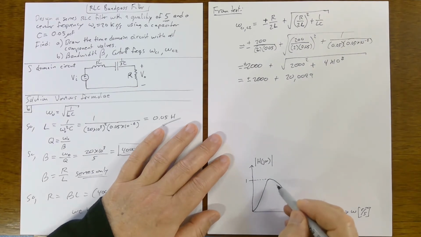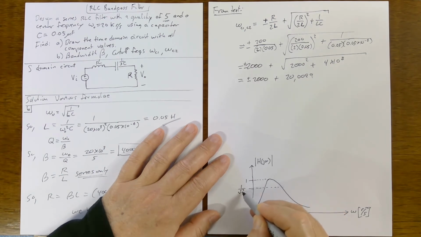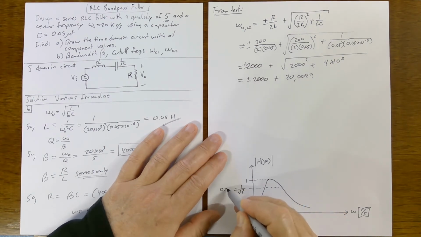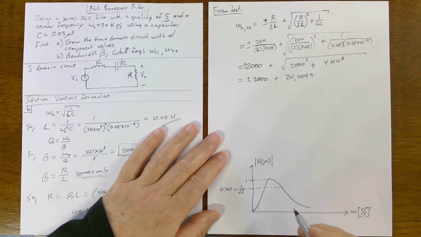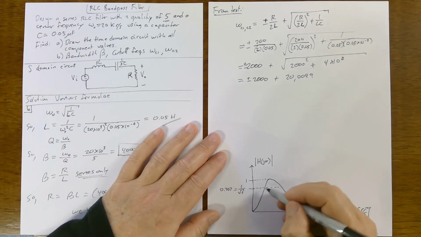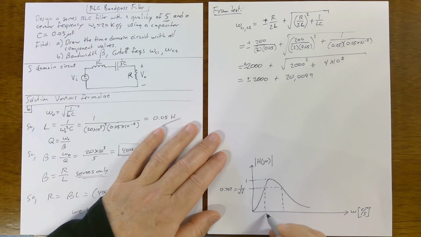The two cutoff frequencies are at a value of 1 over root 2, which is exactly 1 over root 2, but it's approximately 0.707 if you like decimal numbers. And that gives you the two cutoffs. This is omega C1 and this is omega C2.